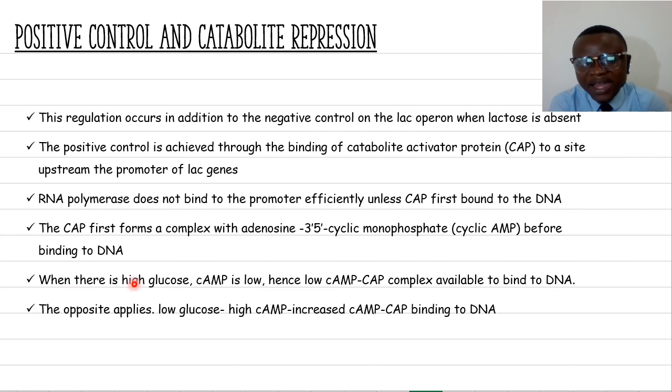However, when you have high glucose in the cell, the cAMP level becomes low. Hence, once there is a low cAMP level, the possibility of the cyclic AMP binding to the CAP complex is low. Henceforth, the process of RNA polymerase binding to DNA to facilitate transcription becomes very inefficient.